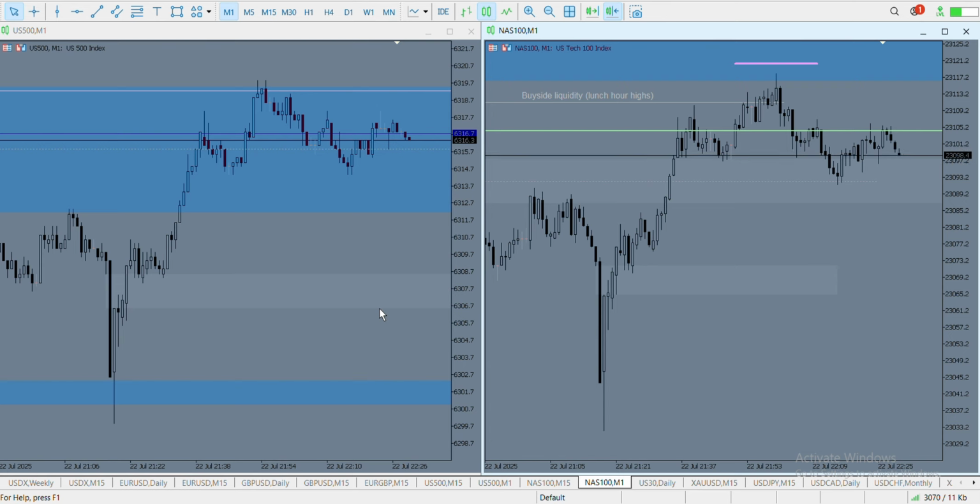Interesting price action will come after tomorrow, not really tomorrow, but exactly on Thursday, after we've had flash manufacturing PMI numbers.